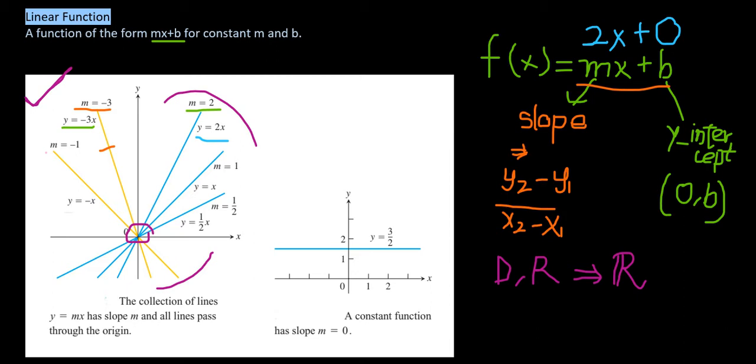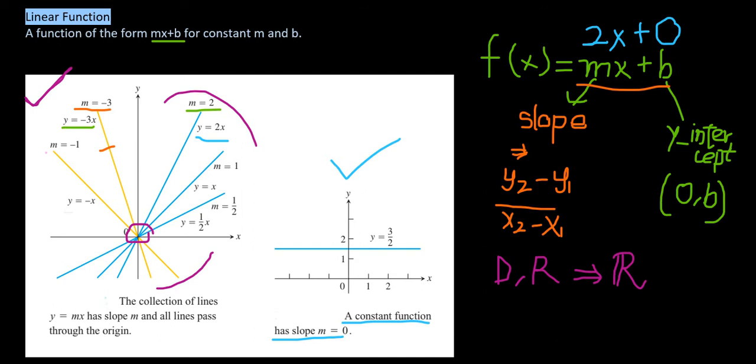So next we have a horizontal line graph that shows that a constant function has a slope m equal to 0.